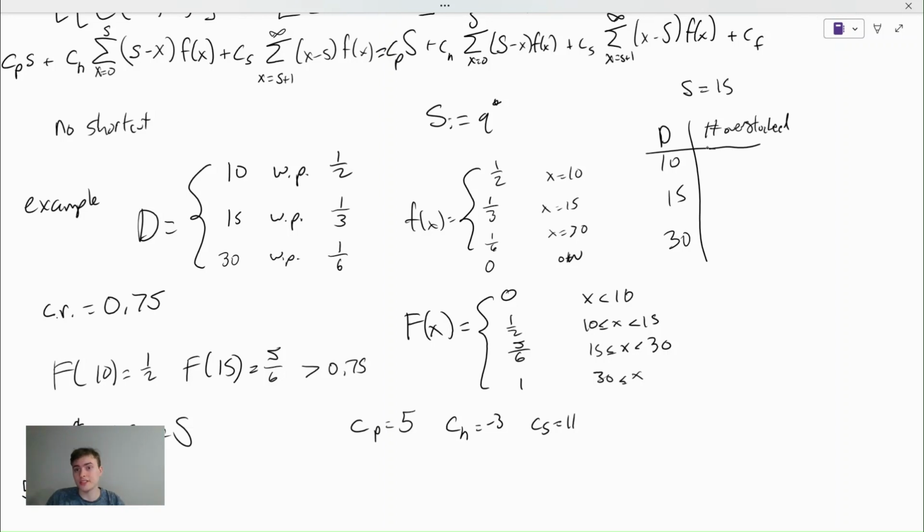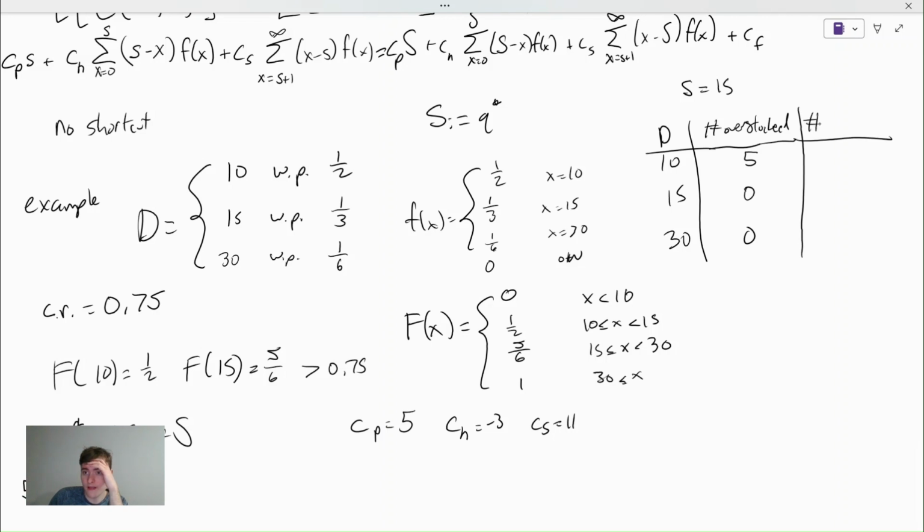So our number overstocked is S minus D, positive, right? So here we're not going to have overstock. Overstocked is S minus D, positive, right? How much we have left at the end.